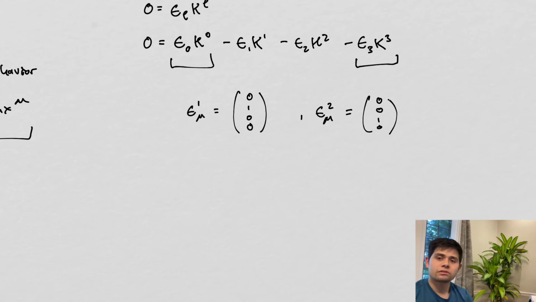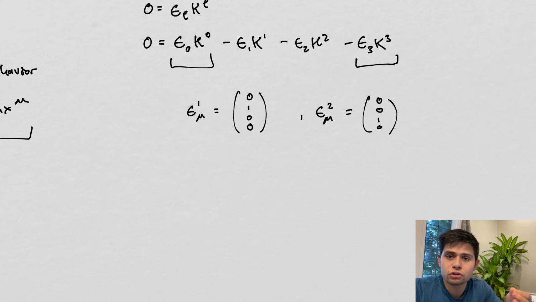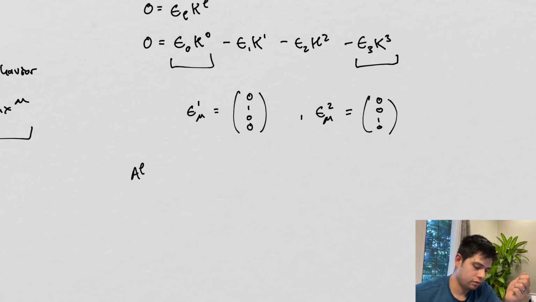These are the basis vectors for what's called the internal structure of our A vector. Okay, so I might have been a little bit all over the place here.